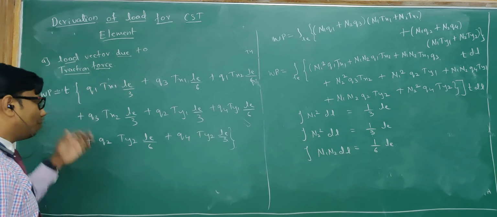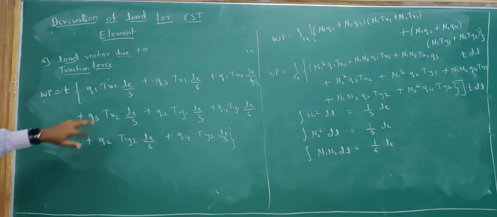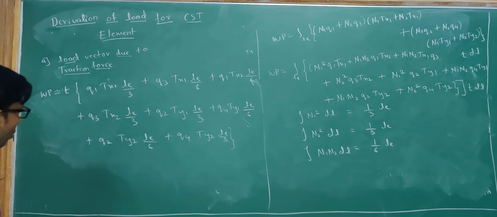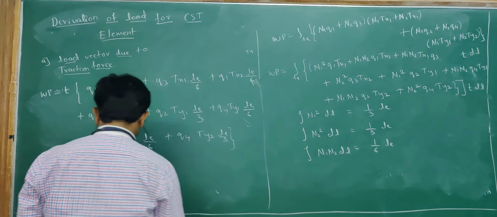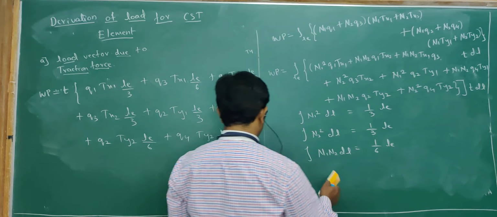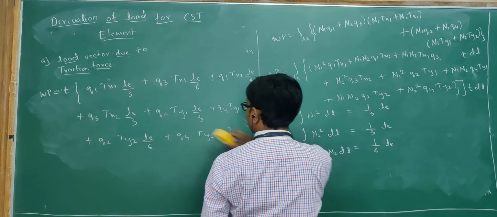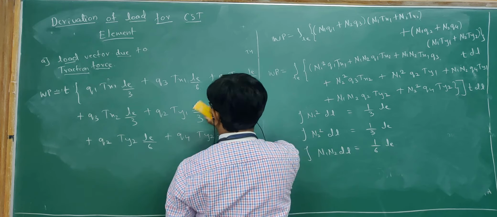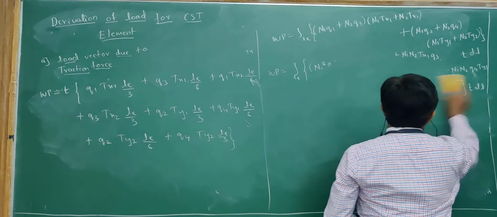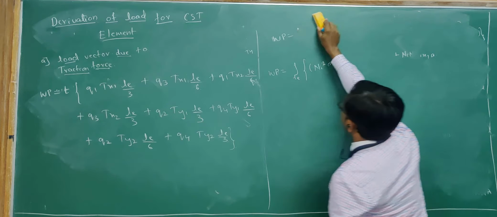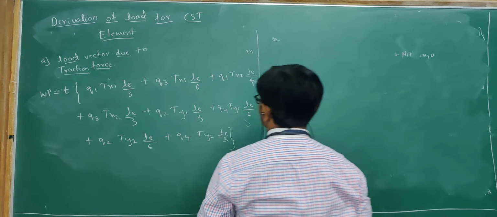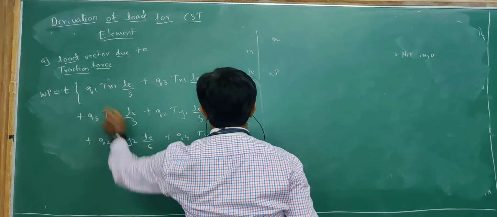So from here we have to segregate the nodal displacements as well as the traction forces. We just have to write down the nodal displacements here. I will take the nodal displacements out of this, Q1, Q2, Q3, Q4. If I take only Q1, Q1 is available from here and here, so I take the Q1 term common.